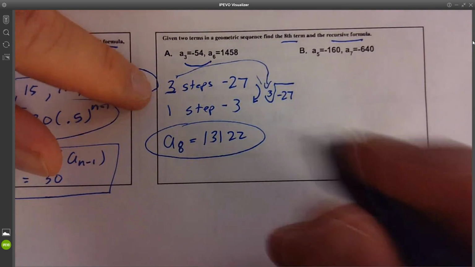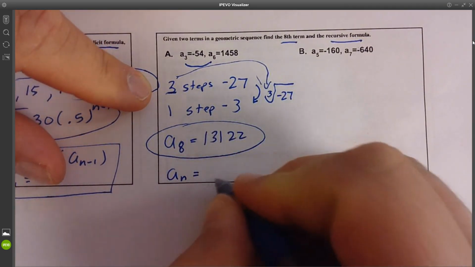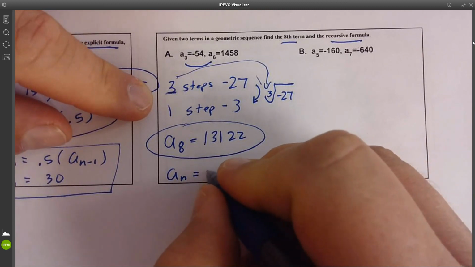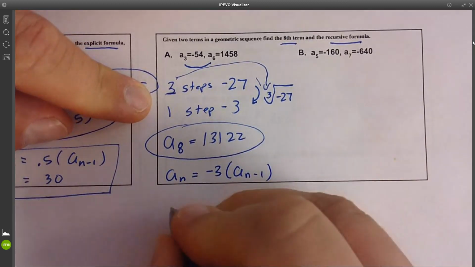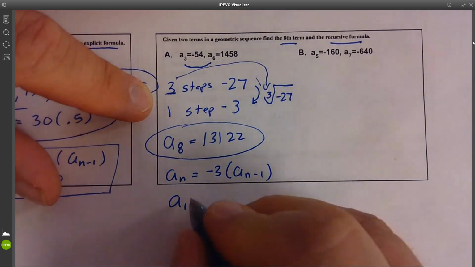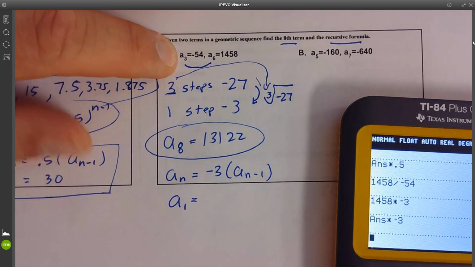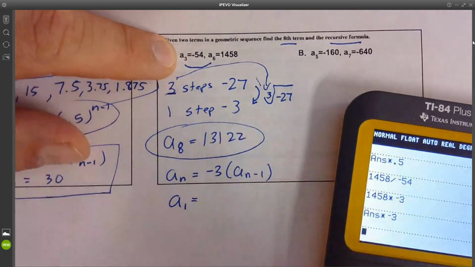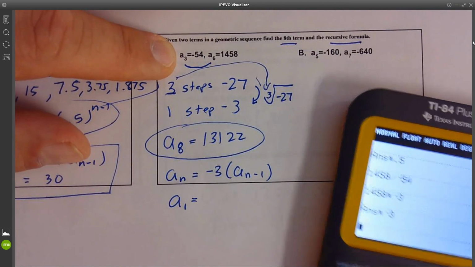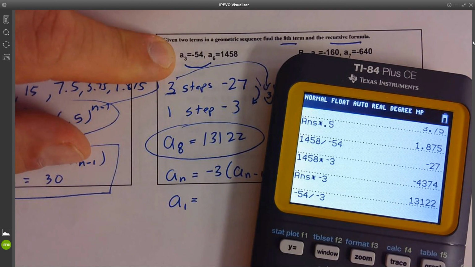Recursive formula is a sub n equals, we're multiplying by negative 3 on each step. And then we have to say what our a sub 1 is. So I have to go to this one and go backwards 2. If I know that my ratio is negative 3, then I can go to negative 54, and backwards means undoing, which would be divide.